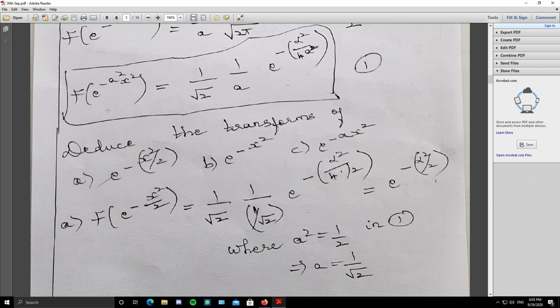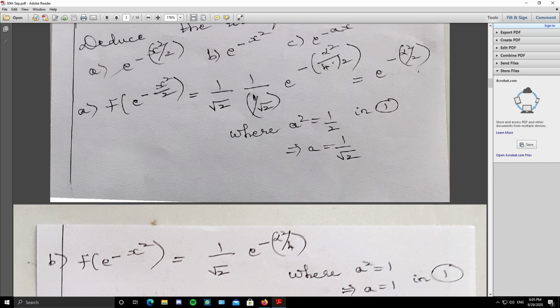So substitute a as 1 by root 2. So 1 by root 2 into 1 by root 2, e power minus alpha square by 4 into half. a square is half. So root 2 gets cancelled, you will get e power minus alpha square by 2. So this is the answer for the first part.